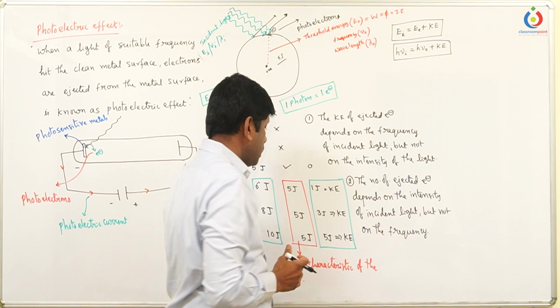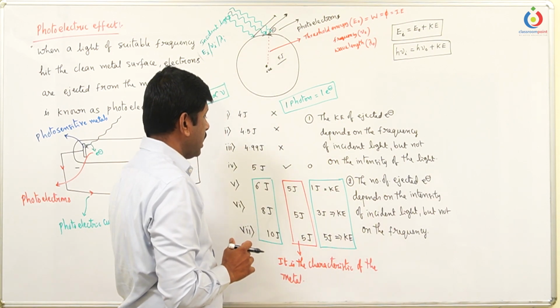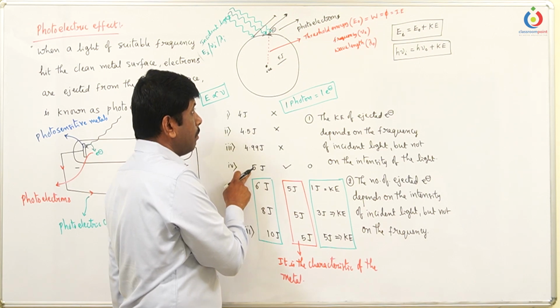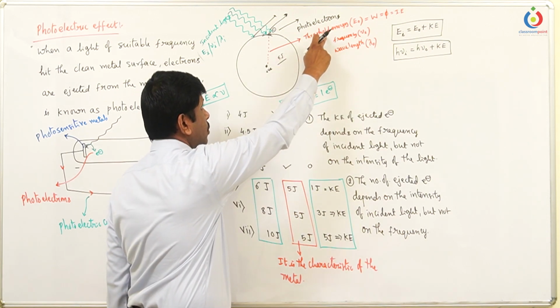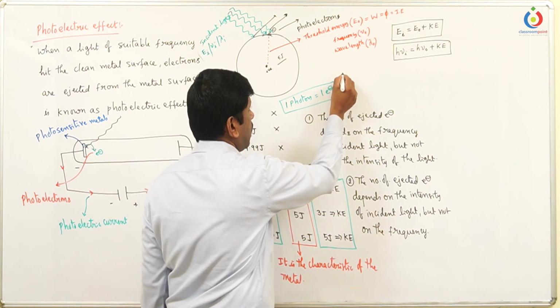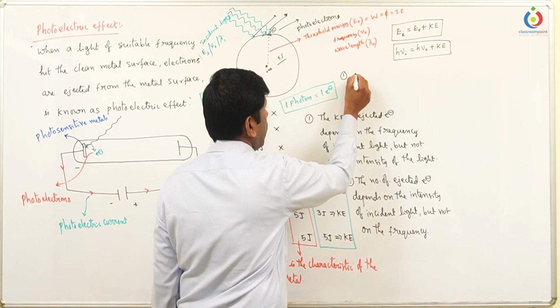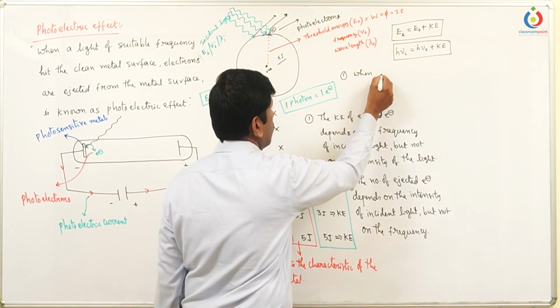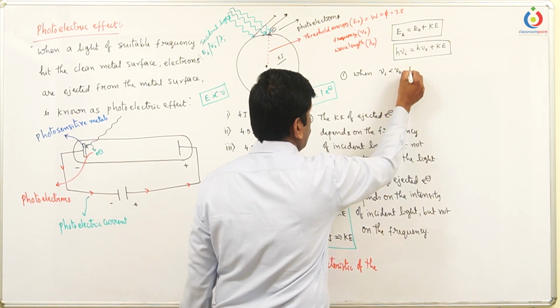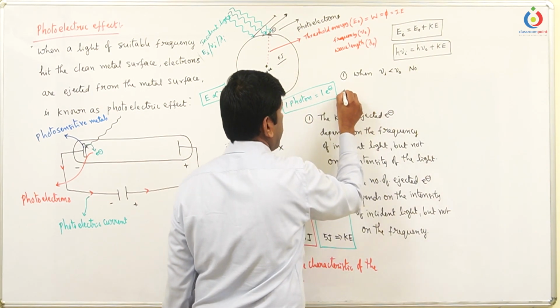Then under what condition can this photoelectric effect be observed? As I said, the energy or frequency must be greater than the threshold energy or threshold frequency, but not less. So when nu I is less than nu naught, no photoelectrons are observed.